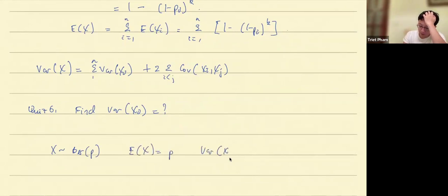What's the variance of X? The variance of X is p times 1 minus p.